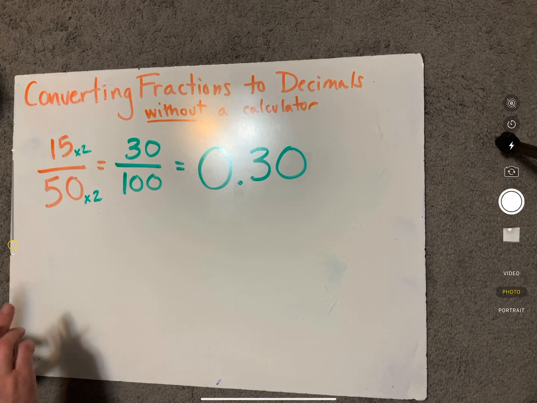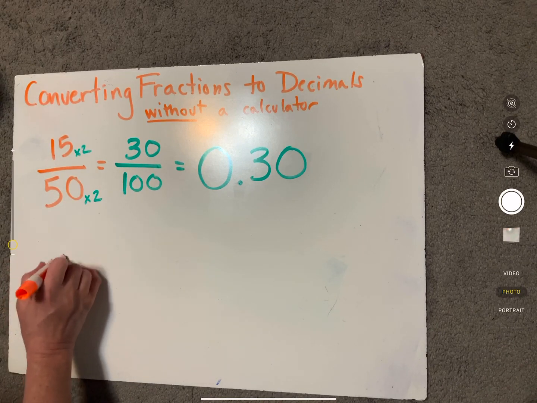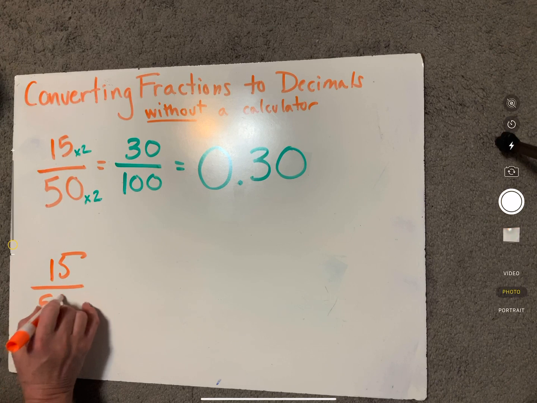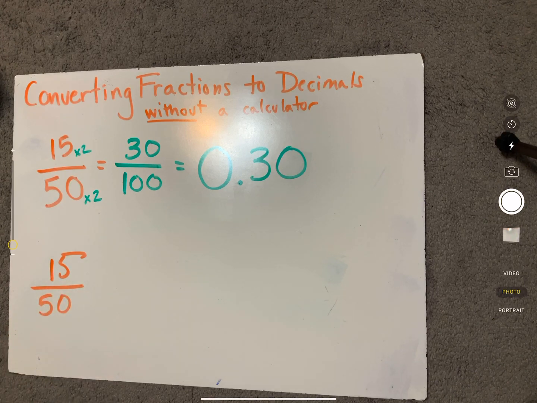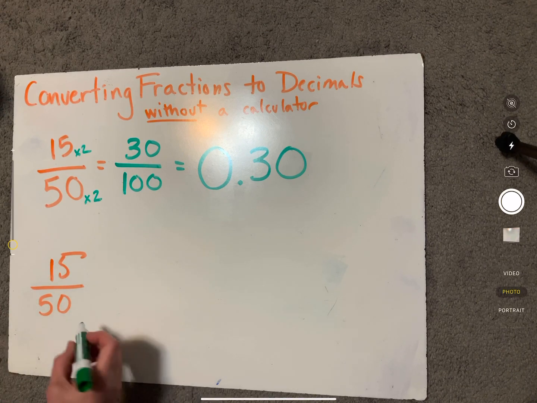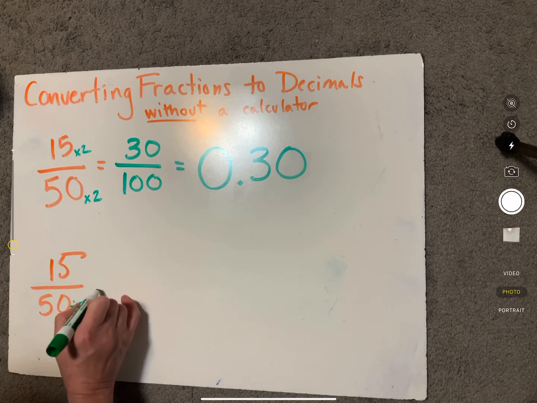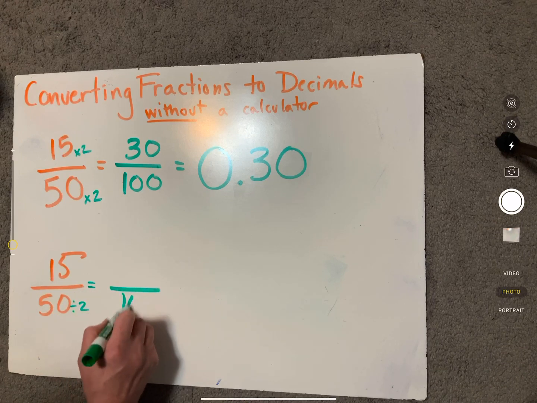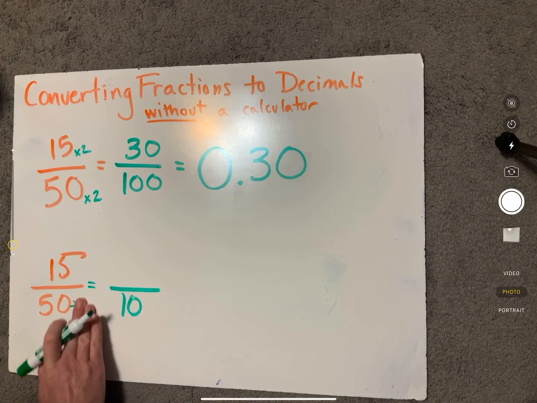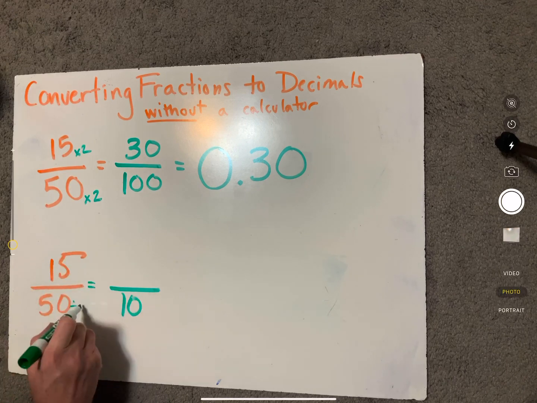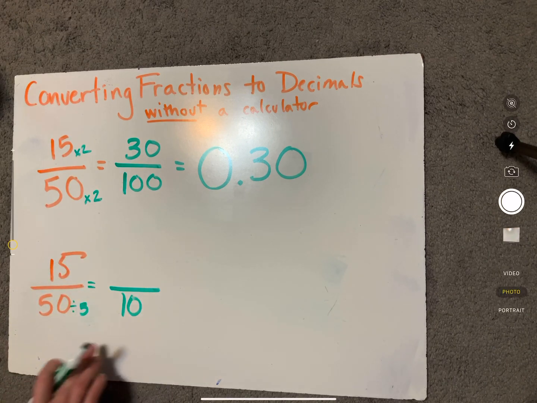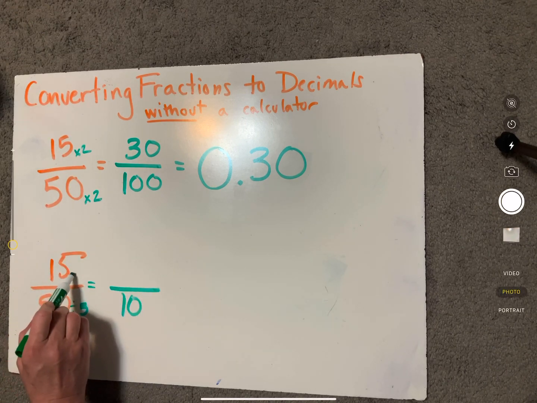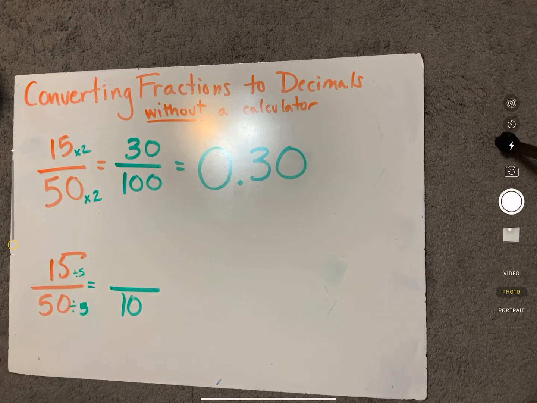Now there's another way to take 15/50 and change it into an equivalent fraction that we can also work with. I know that I can reduce 50 down to 10 by dividing by 5, to get to 10. So then the question is, can I divide 15 by 5 also?